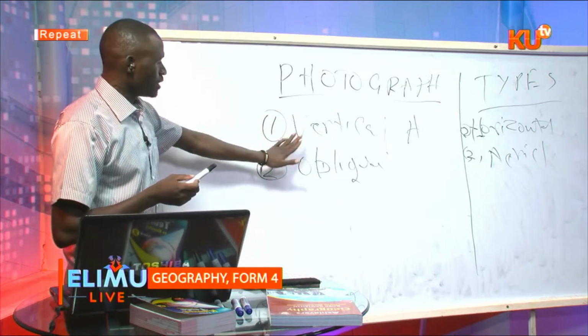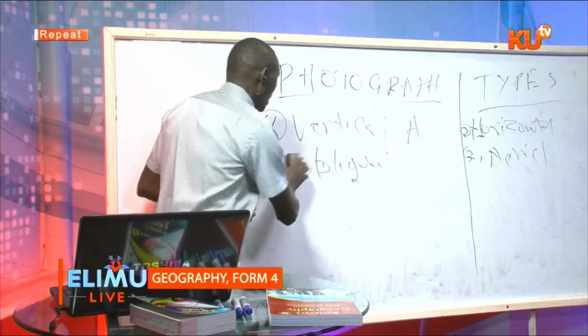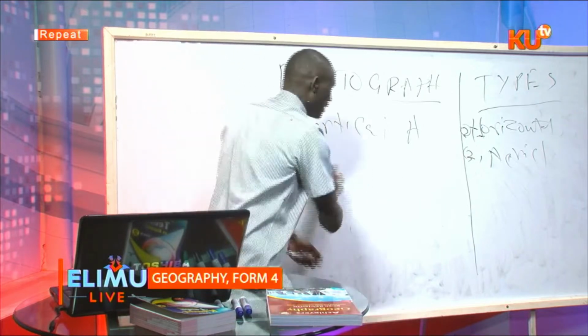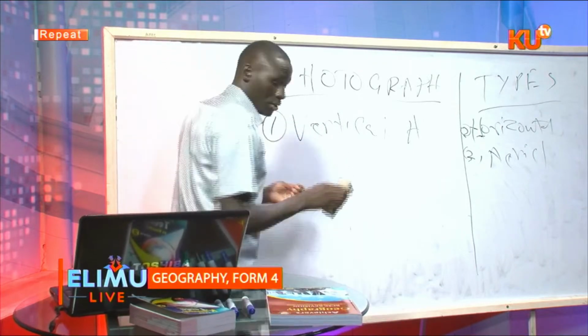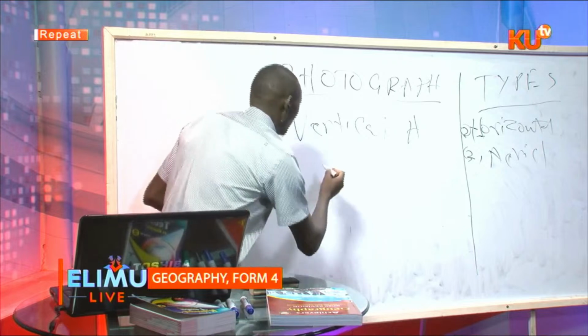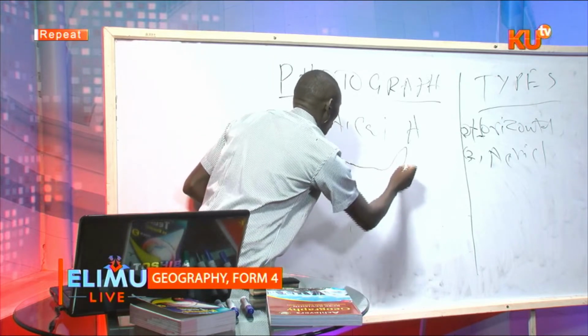When we are talking about vertical aerial photographs, that means the camera is directly above the ground. So for example, if you want to talk about an aeroplane, let's say this is our aeroplane.